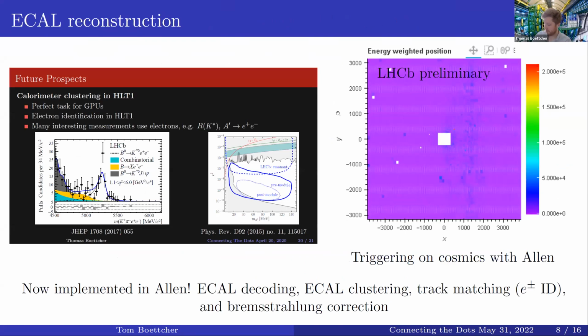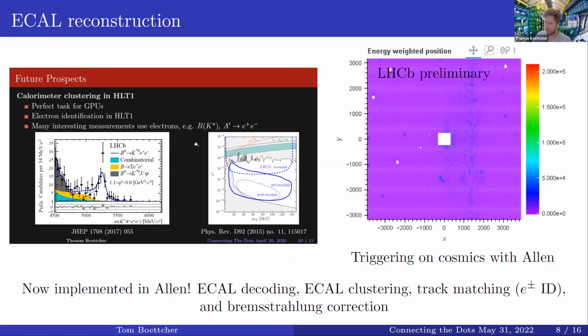So one of the things that really excited us about Allen was that we had this throughput headroom. So we could do more than just this baseline task of reconstructing tracks. And so this slide on the left is one of the slides from my talk 2 years ago, where I talked about how excited we were at the possibility that we had enough throughput headroom to do ECAL reconstruction and electron identification.